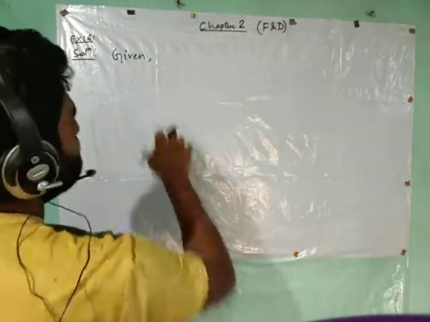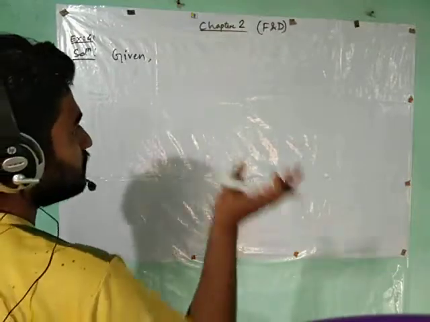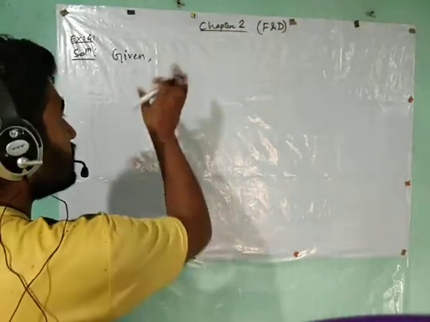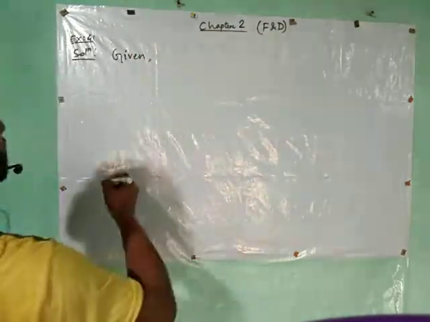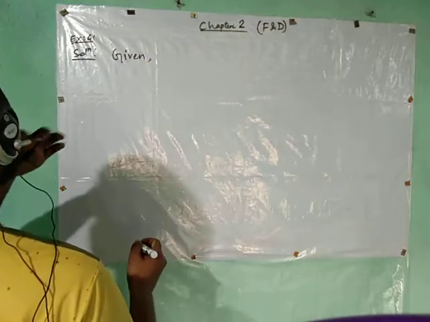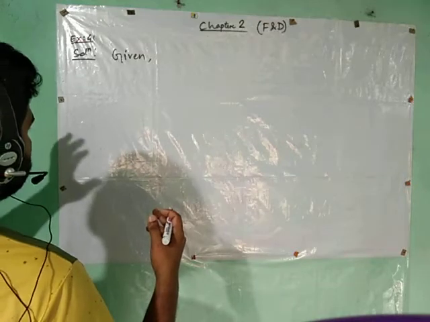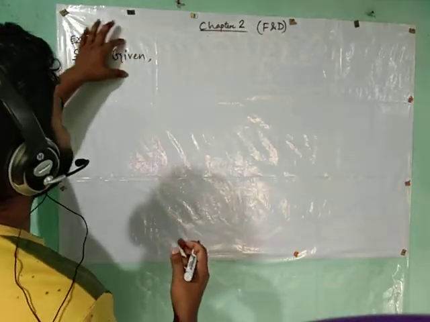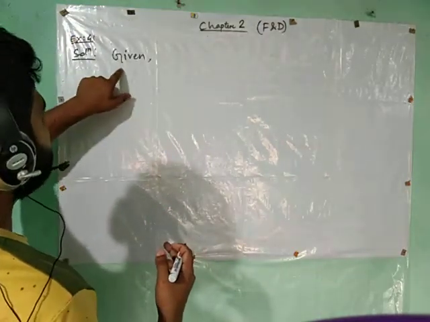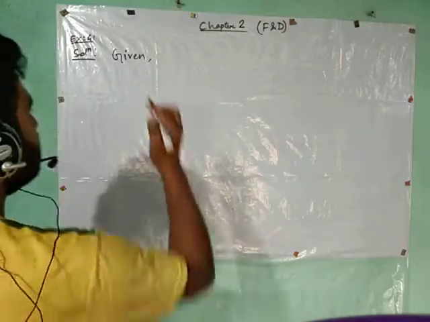If you don't write these things, you are deducting your marks by yourself. So better you practice. While you practice, you build a habit of writing the given part. Okay, I hope you got it.